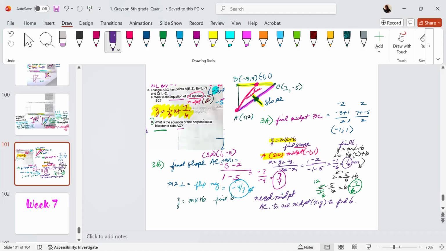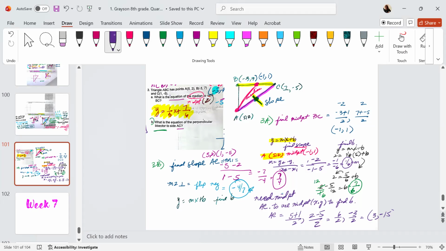So let's find the midpoint. The midpoint of AC is going to be 5 plus 1 divided by 2, 2 minus 5 divided by 2. Which is going to be 6 divided by 2, negative 3 divided by 2, which is 3, negative 1.5.